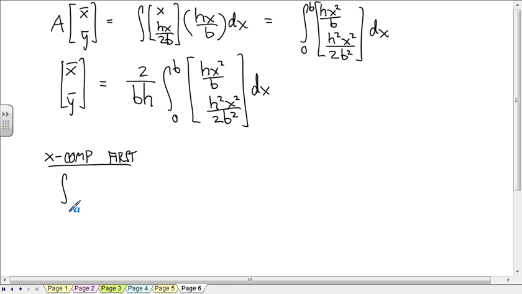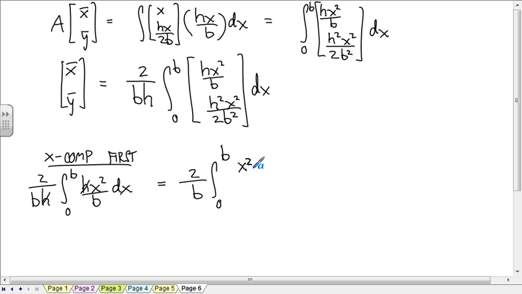So the integral from 0 to b of hx squared over b dx, and I guess out here we have 2 over bh. So we can cancel this h with this h and pull out the b, and we have 2 over b times the integral x squared over b dx. No, I already pulled out the b.